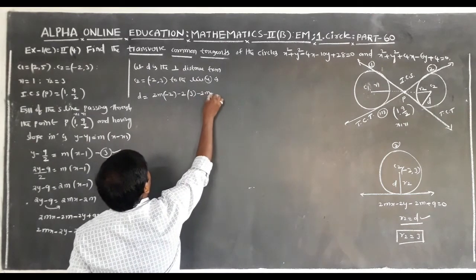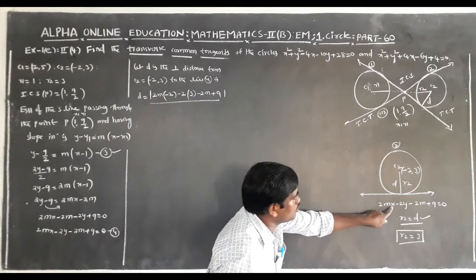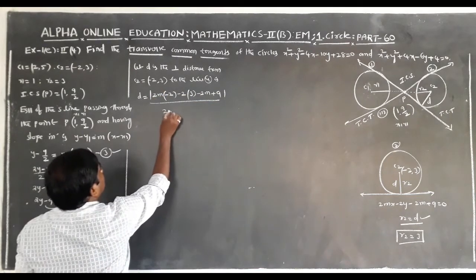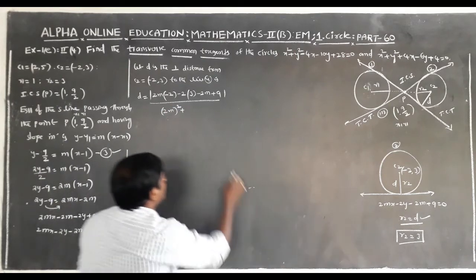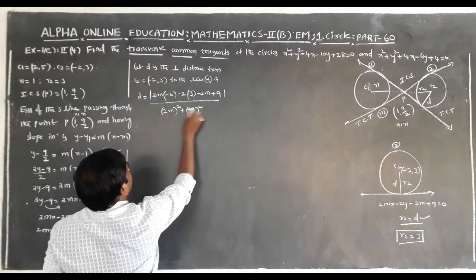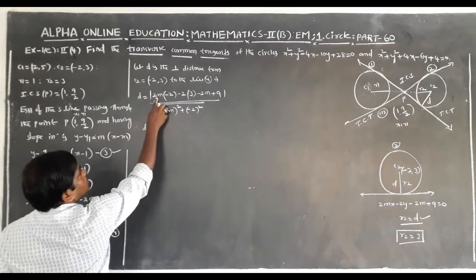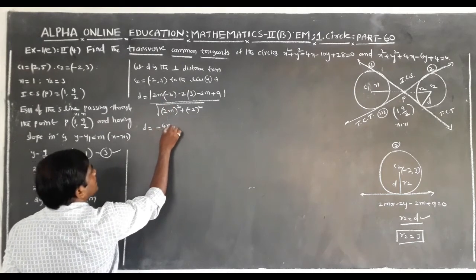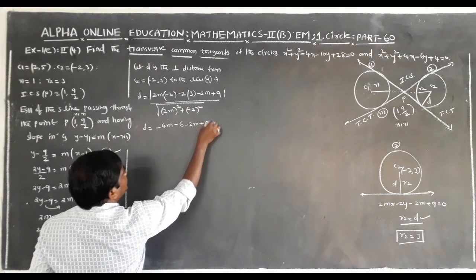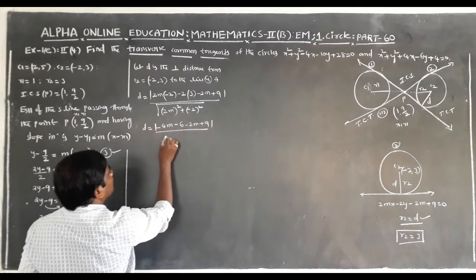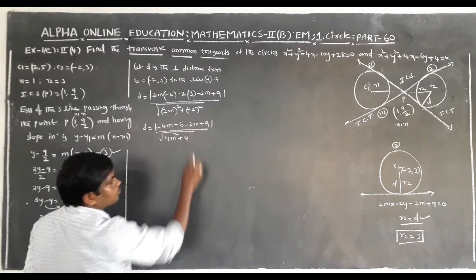D is equal to |minus 2m plus 9| divided by the square root of (x coefficient square, 2m square, plus y coefficient square, minus 2 whole square). D is equal to 2 2s are 4, minus 4m, 2 3s are 6, minus 2m plus 9, by the square root of 4m square plus 4.